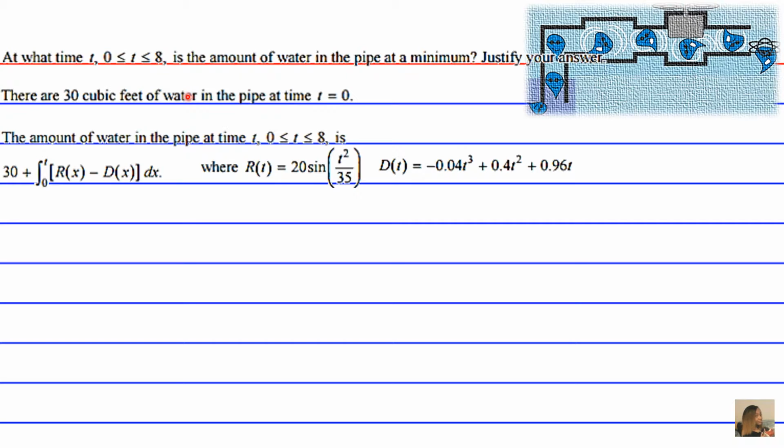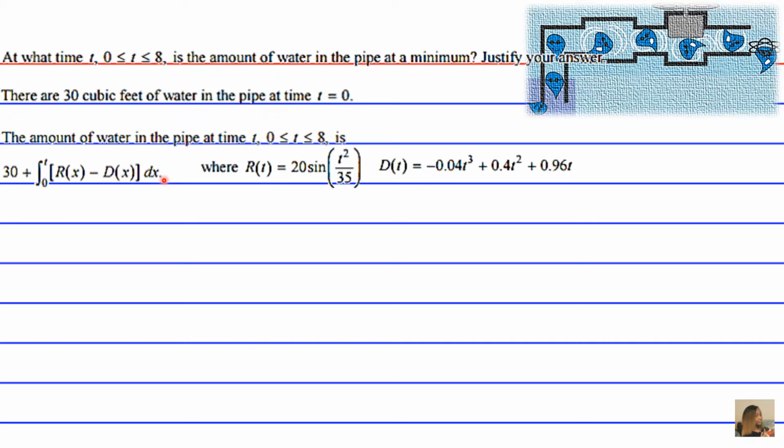You're expected to use your calculator again to solve for where the integral of r of t minus d of t is equivalent to 0. So if you input this integral, and again, I'm sorry for the x, I meant to write t but forgot.